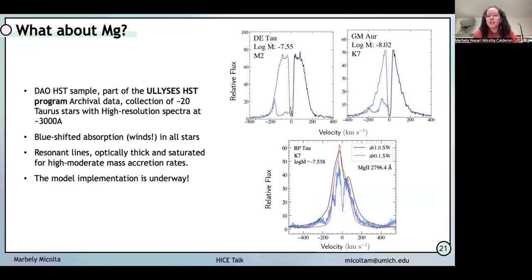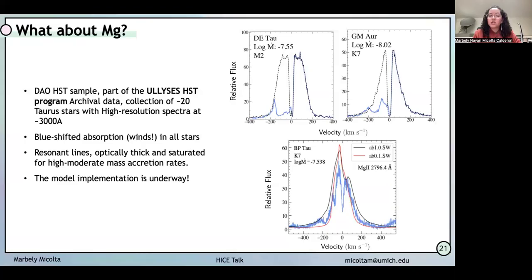In this case, I'll show you BP Tau. The black line is solar abundance versus 10% abundance in the red line. They're very, very similar, in the sense that you need very detailed modeling to be able to pinpoint the difference, and even then, the error bars are looking huge. But it's underway.